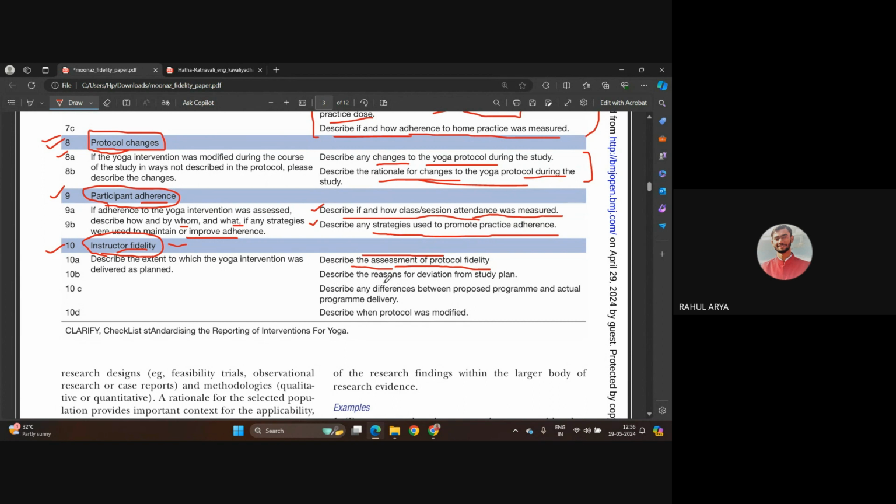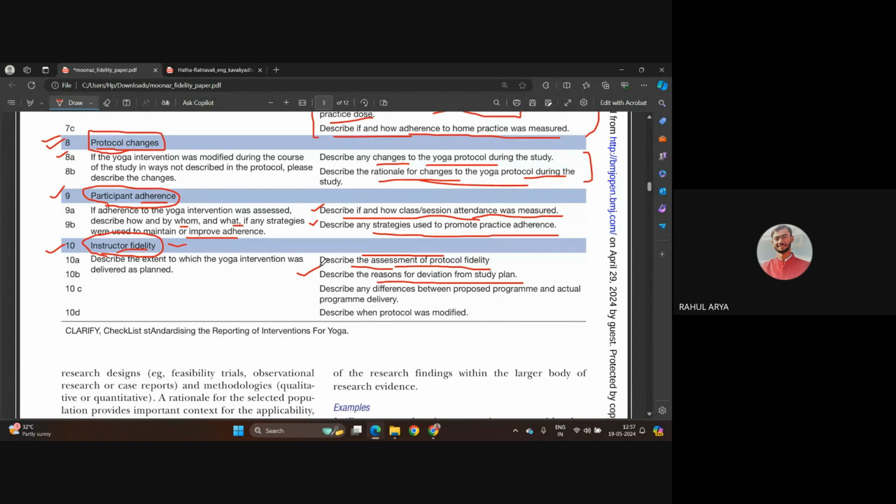Next is describe the reasons for deviation from study plan. If you change anything, why you deviate? Sometimes we plan for 3 months, 6 months, but the exam came, and because of the exams you completed your study in 4 months, 5 months, one month earlier. Otherwise the exams will create bias, because students will not focus properly.